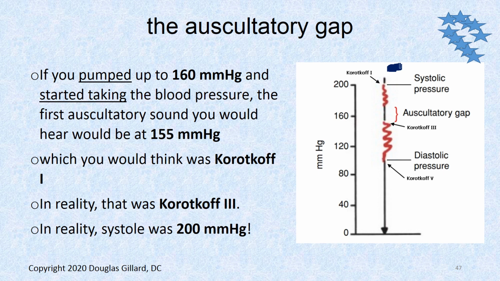Their systolic number is way up at 200, and you didn't find the cutoff pressure, so you didn't search for this auscultatory gap, and you can get faked out. You could think their blood pressure is like 150, and tell them they have hypertension and to go see their doctor, when really you should be sending them to the emergency room because it's 200. So see how that works.